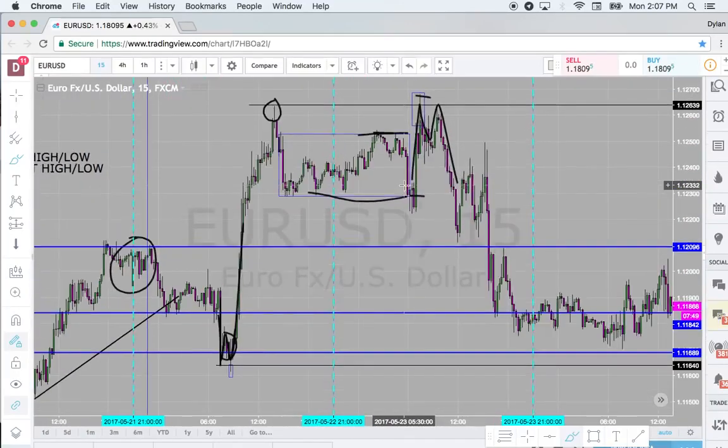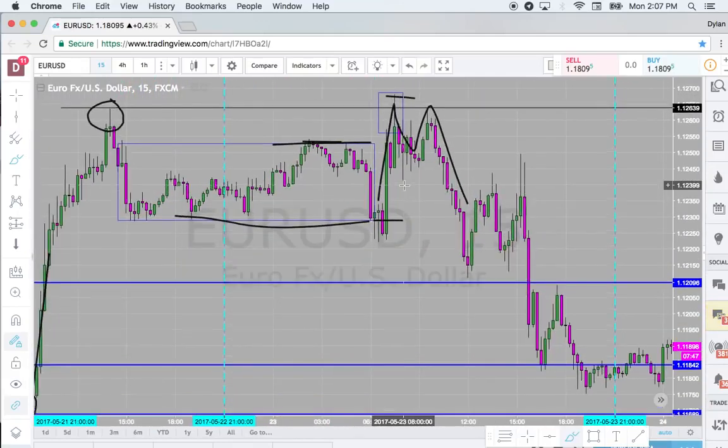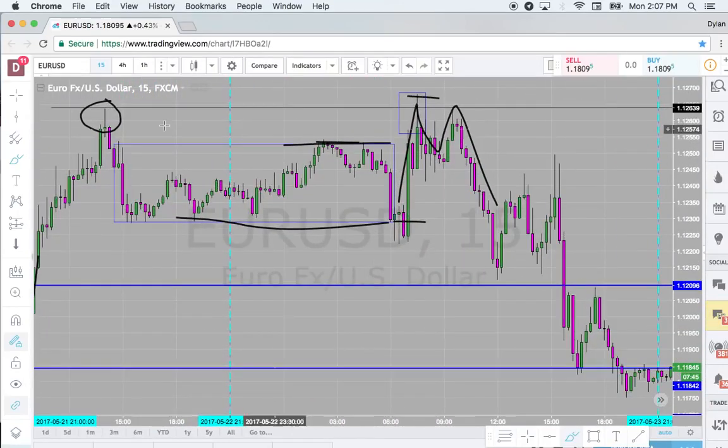Now this was very, very easy. This M formation, you can see a previous structure high here, the high of the week, and so you didn't even have to look at the clock to understand what session it was.